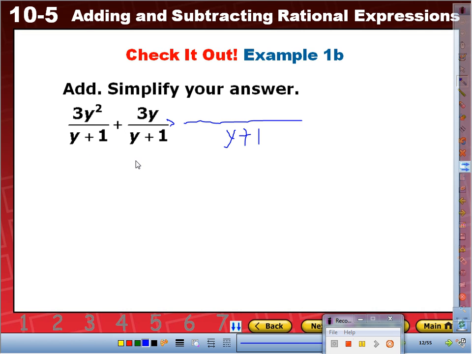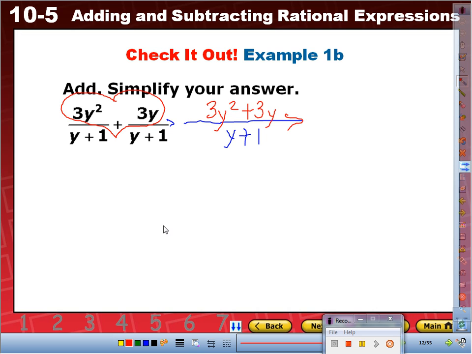Pass it to someone, please. Step 2, Heather. The heart. We're going to add the numerators by combining like terms. Can we combine anything? This one has an exponent, this one doesn't, so we just write them, right? This is 3y squared plus 3y. So far so good? Okay.